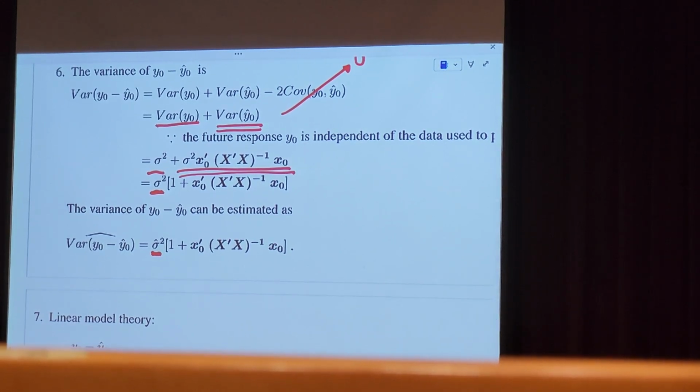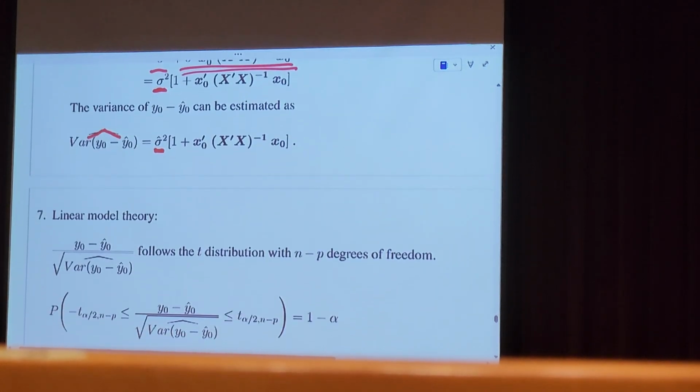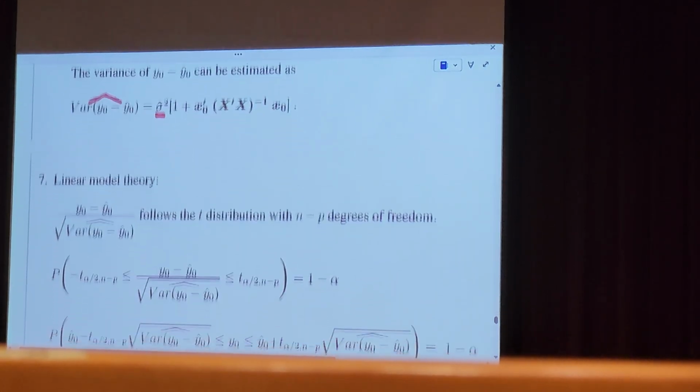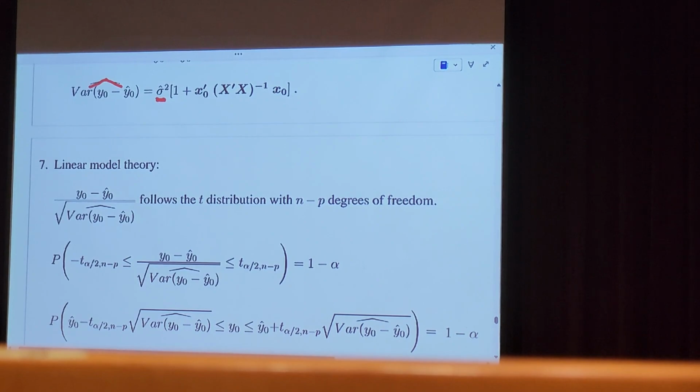And once you estimate it, you put a hat. So that's the estimated variance. So for linear model theory, this quantity, y0 minus y0 hat, minus the mean, divided by the standard deviation, follows the t distribution with n minus p degrees of freedom.